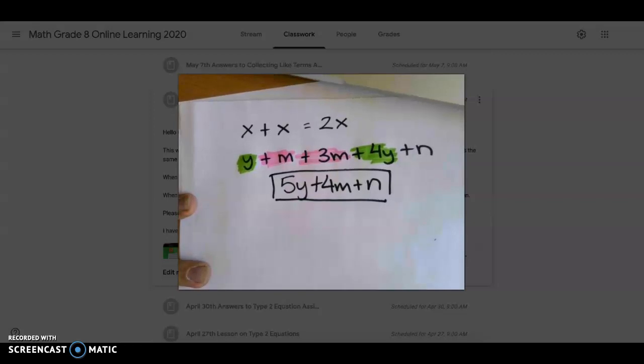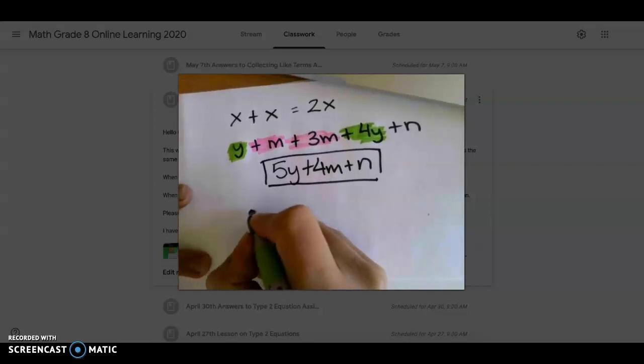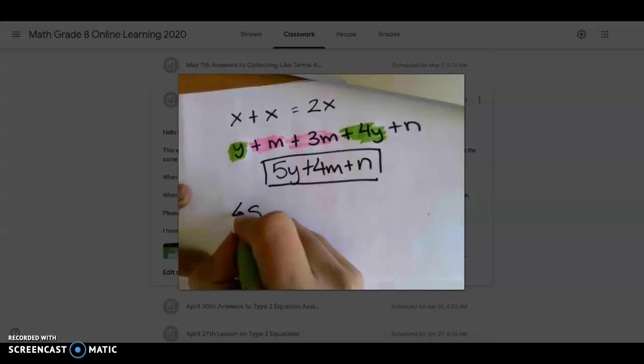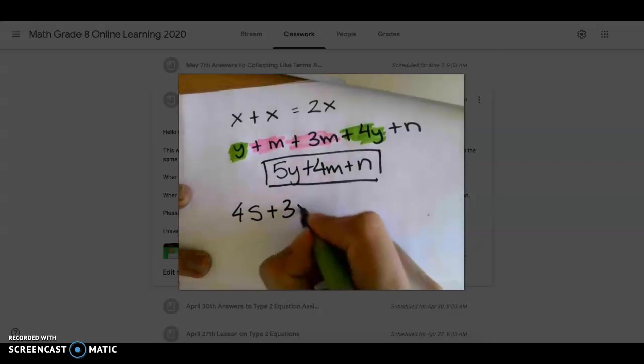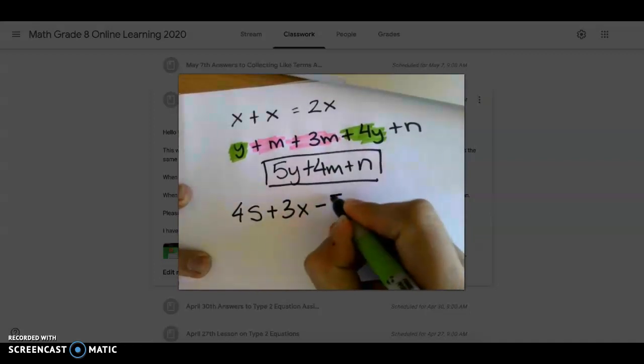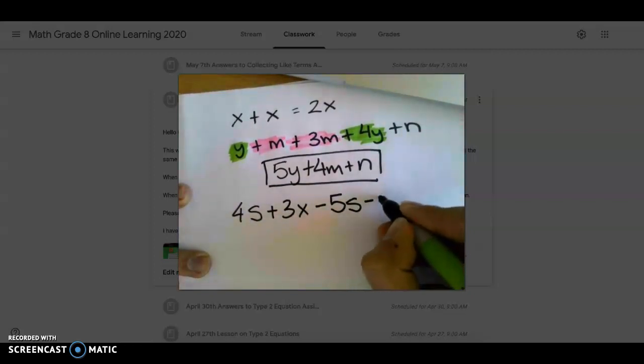What if I give you subtraction? An example would be this: 4s plus 3x minus 5s minus 2x.